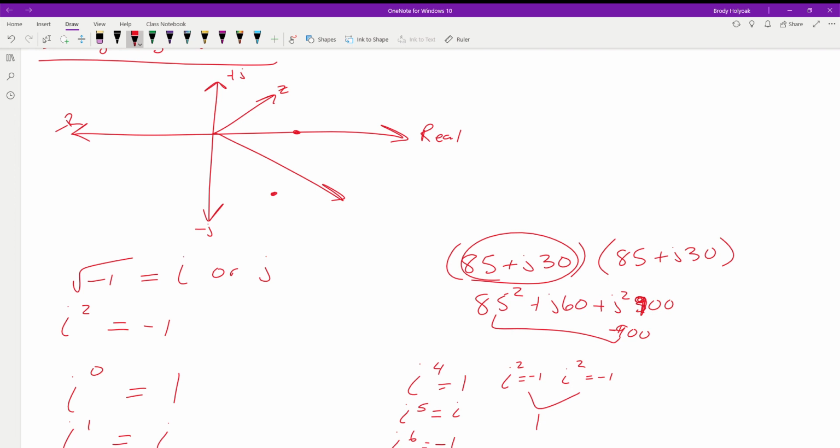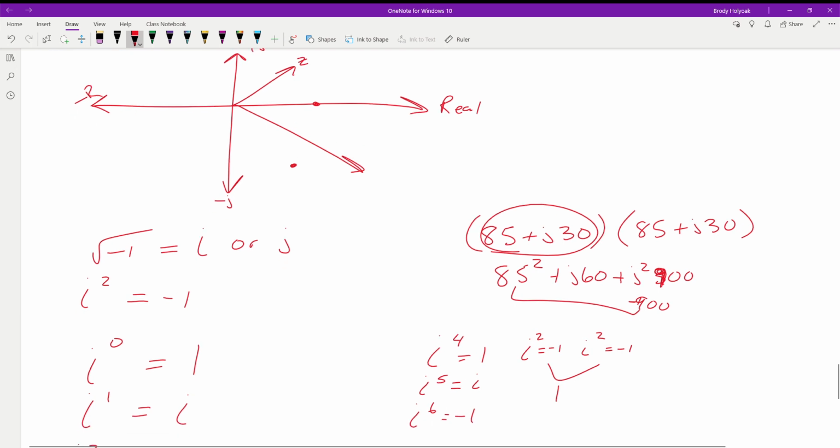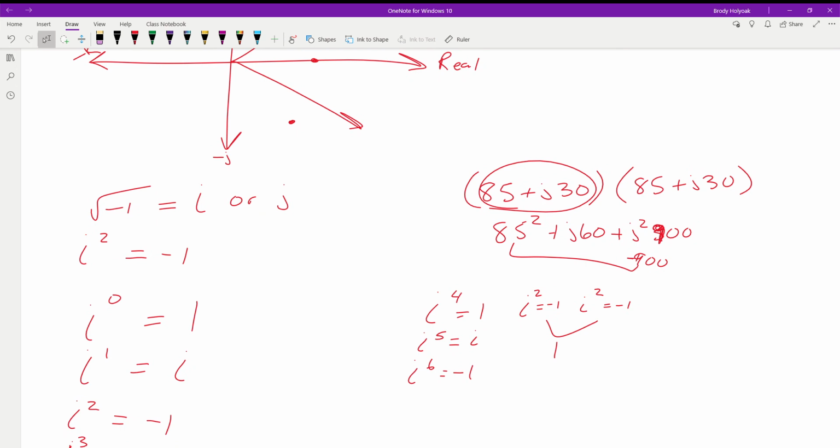Thankfully we're not going into the z-axis yet. You'll get there when we get into calculus. But the idea here is we want to reduce these values down to a single coordinate of a real value and an imaginary value. Anytime we have powers of j higher than 1 or 2, we need to be able to reduce it down to a simple value. That's the whole idea behind this.